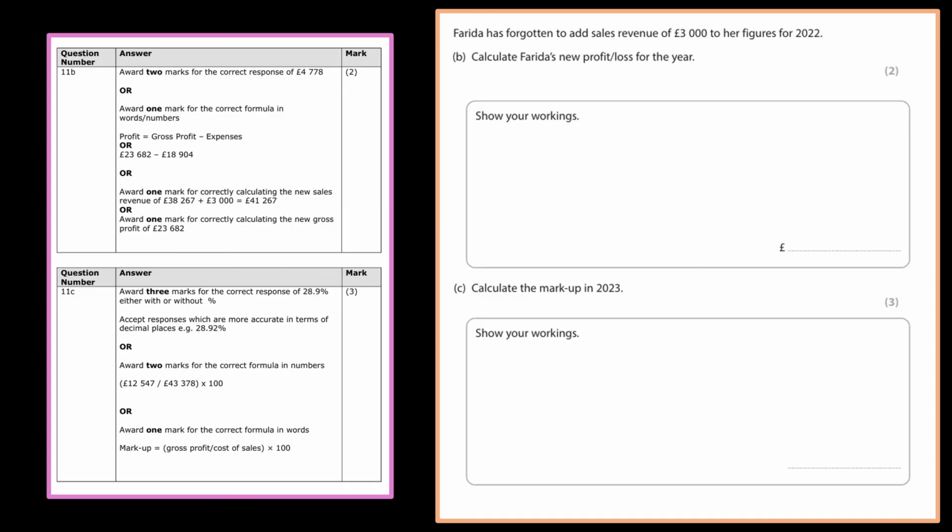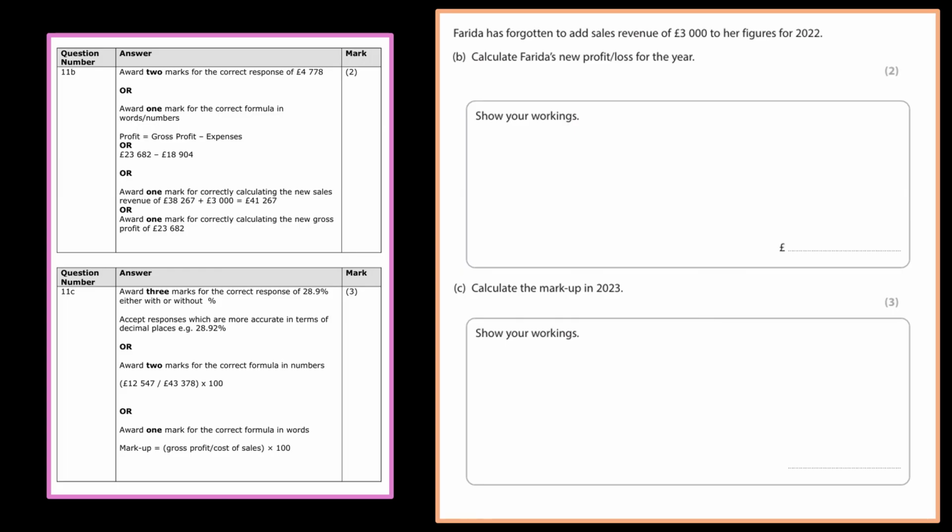And then 11C, award 3 marks for the correct response of 28.9%, either with or without the percentage sign. So remember, markup is associated with a percentage. If you show a little bit of understanding, you might get a mark along the way, but the examiner's looking for that correct answer.